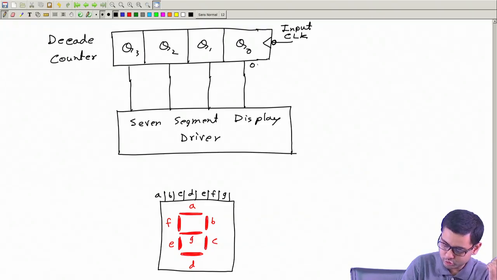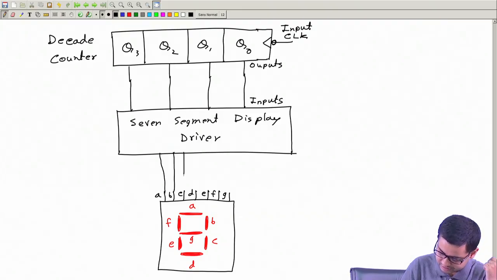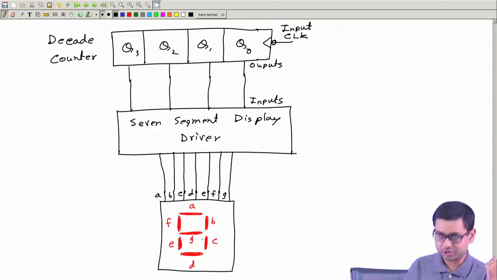So these are the outputs of this decade counter, and these are the inputs of this 7-segment display driver, and it will have 7 outputs, and these outputs will connect to the 7 inputs of the 7-segment LED display.